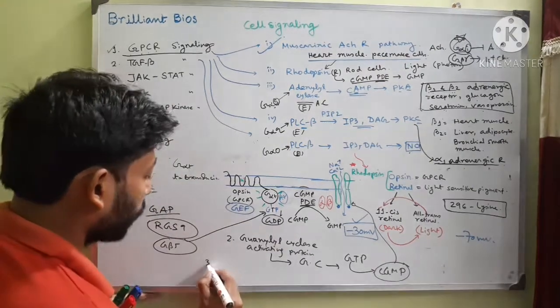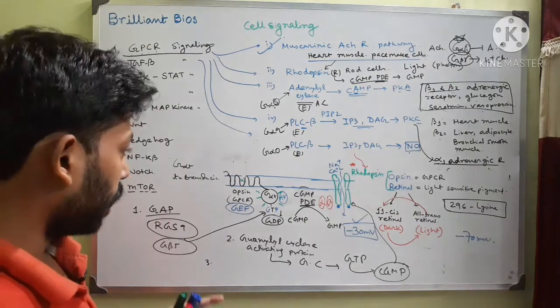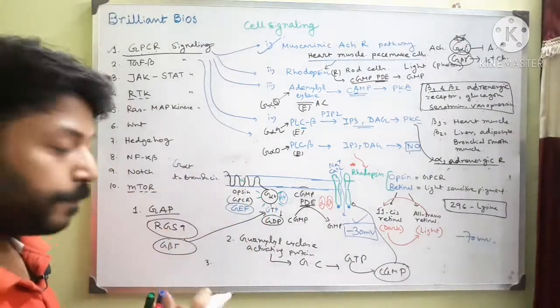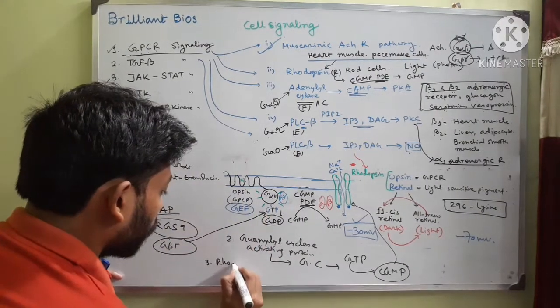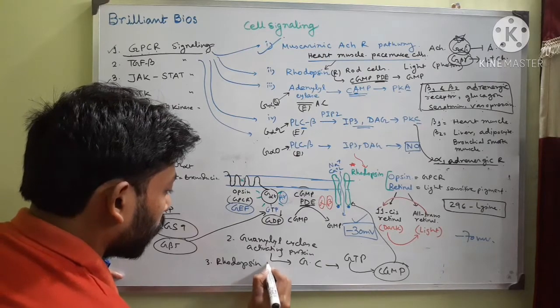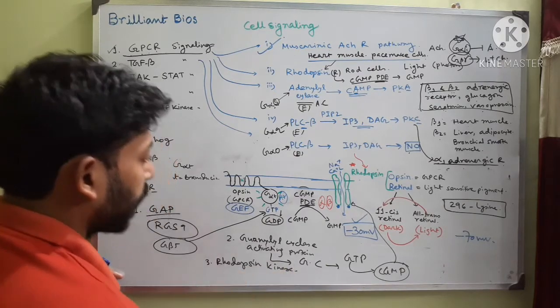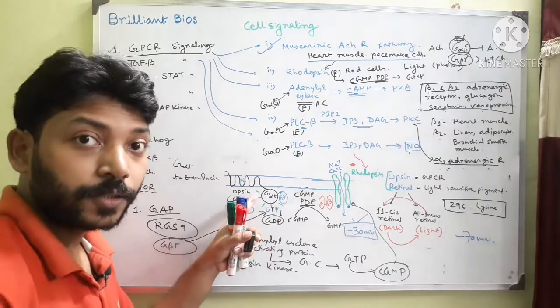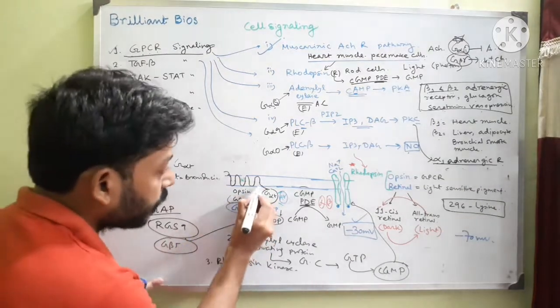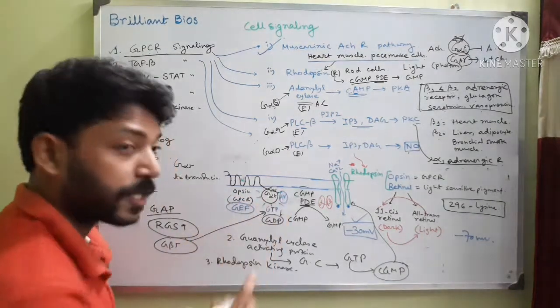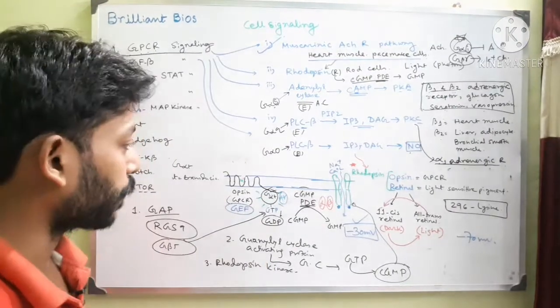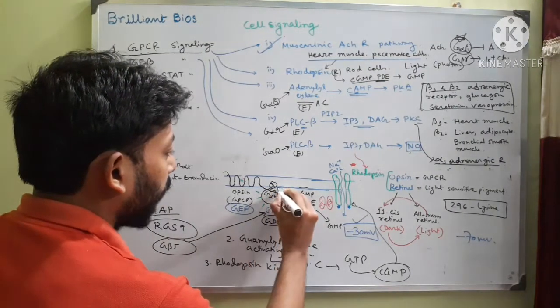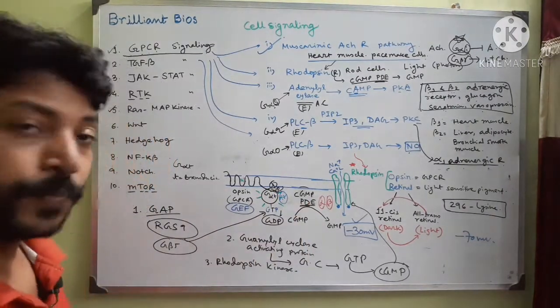Another way, the third way, is that there is a kinase enzyme called rhodopsin kinase. This kinase enzyme can phosphorylate the C domain of this GPCR. You can see here the C domain can be phosphorylated at particular serine residues. Two serine residues are present at which the phosphate group can be added by this rhodopsin kinase.